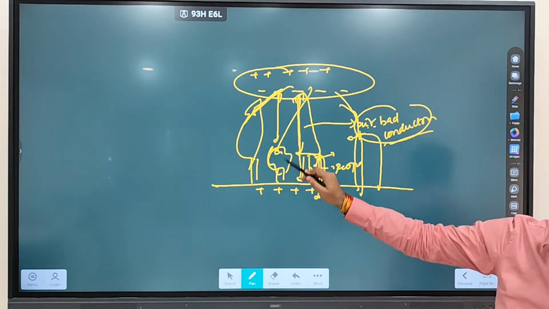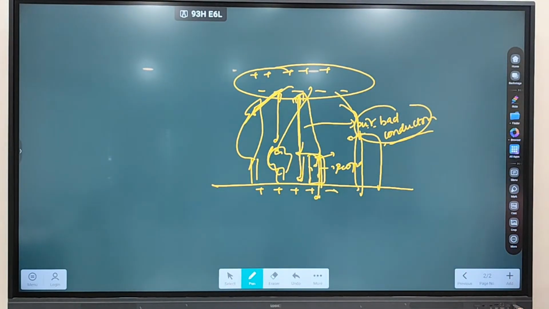So when you are in an open area and lightning is going on, it is advisable to take shelter in lower trees as compared to higher trees, because higher trees are going to attract more charge. Higher buildings also attract more charge.